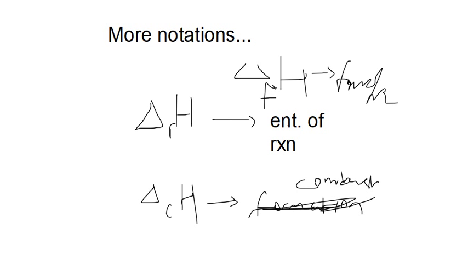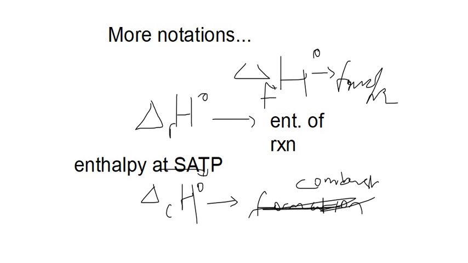Yeah. So another thing that we can add to this is this O kind of symbol in the superscript. What this suggests is the enthalpy at SATP conditions or standard conditions.